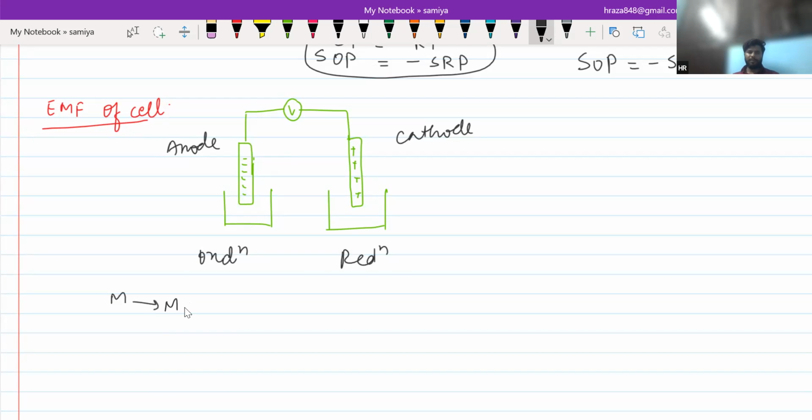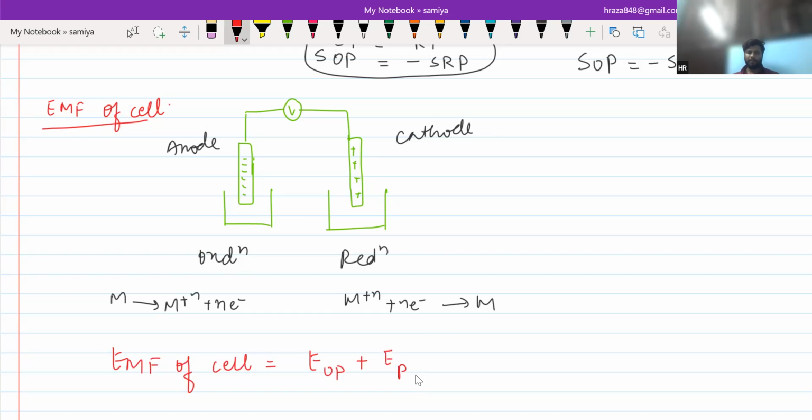M is converting into M plus n, and reduction is M plus n gains an electron to give M. So the EMF of cell, that means electrode potential of cell, will be equal to the oxidation potential plus the reduction potential.